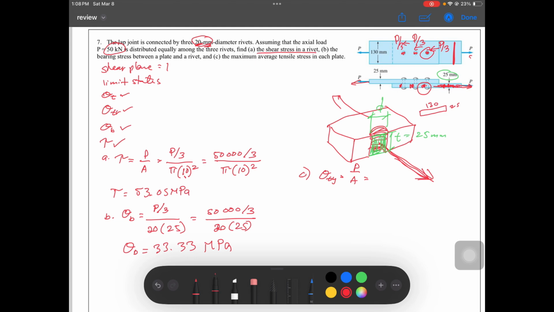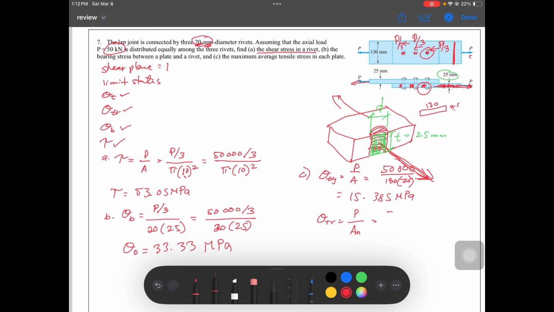It is 25 and 130. So, P is buo niyang dadalhin. So, our tensile yielding area is yung buo, gross area. So, that is 130 times yung 25. So, that is equal to 15.385 MPa. And then, yung tension rupture naman, P over A, that is a net area.